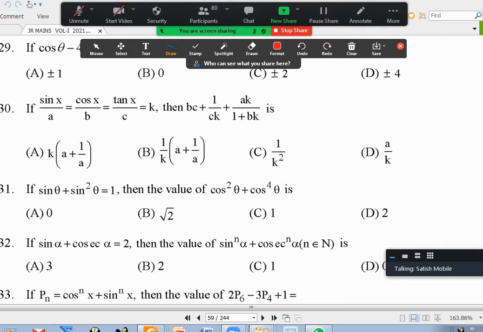Okay, 30th question. Which option is correct for the 30th question? Sir, option B. Option B. Okay, so I need to get A by K plus 1 by K, something like that should be the answer.